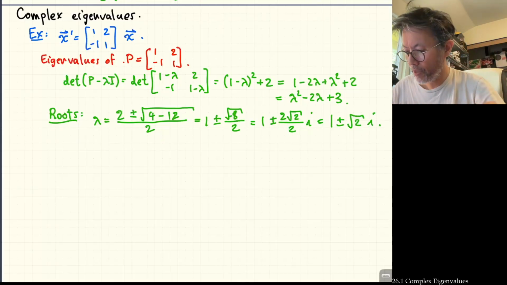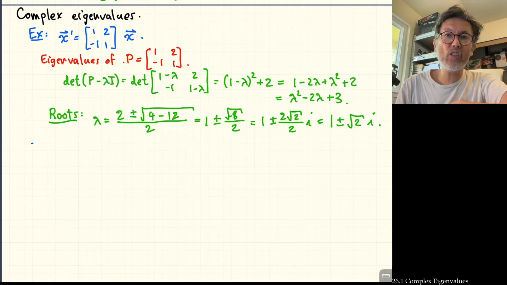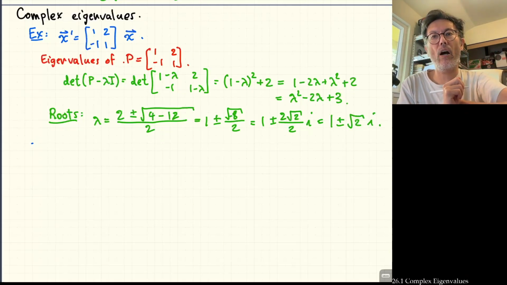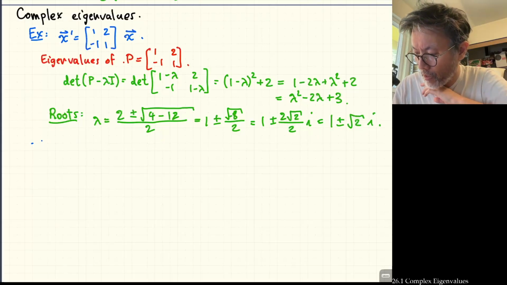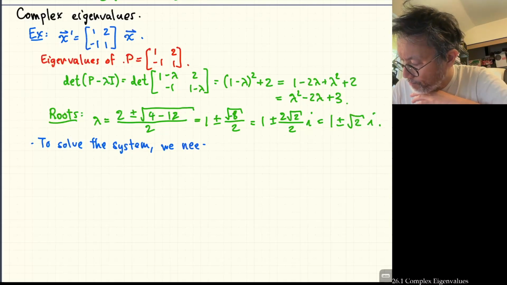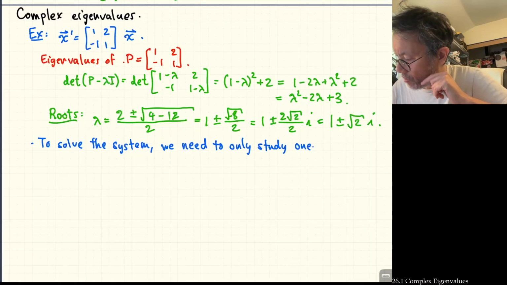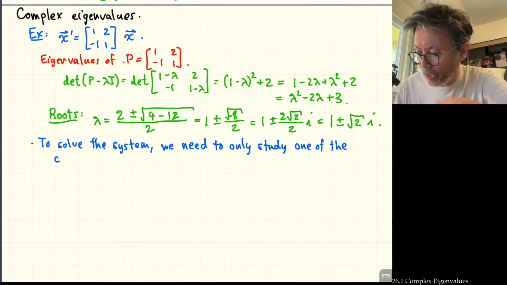Here's the idea. In this case, we need to only pay attention to one of the pair of complex conjugate roots. So to solve the system, here's the method. We need to only study one of the above eigenvalues, one of the complex conjugate pair.